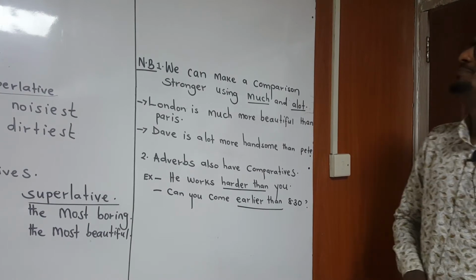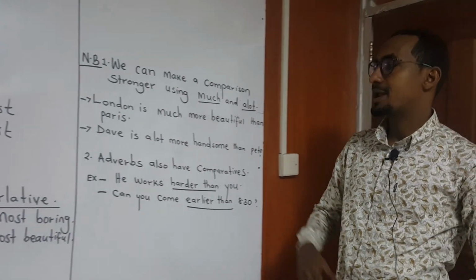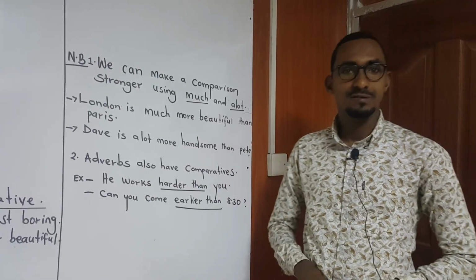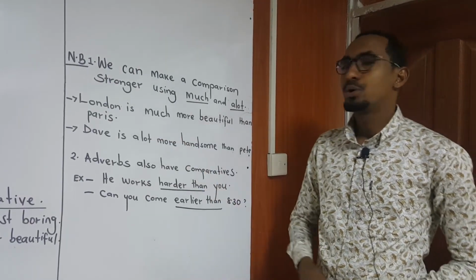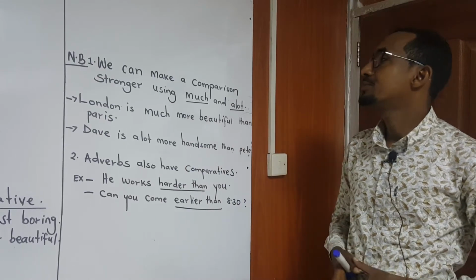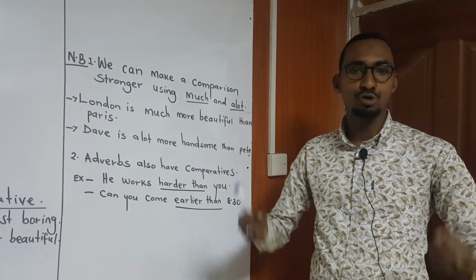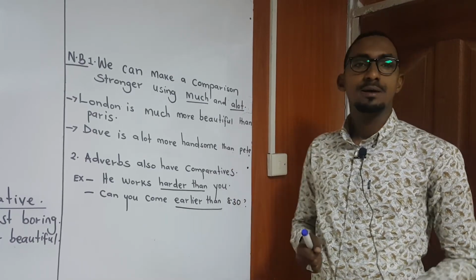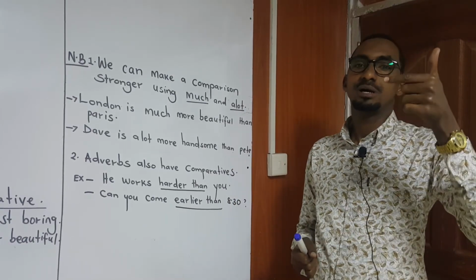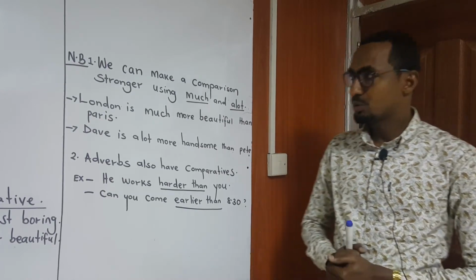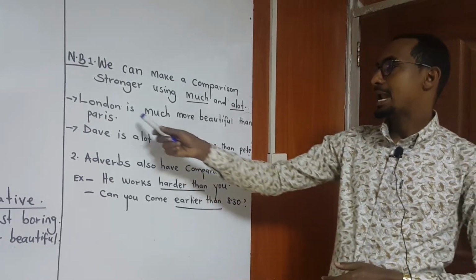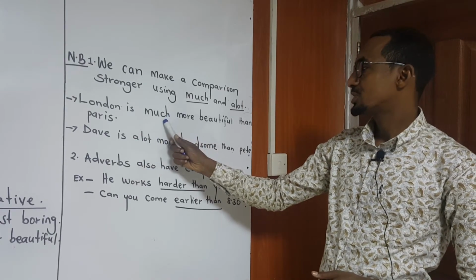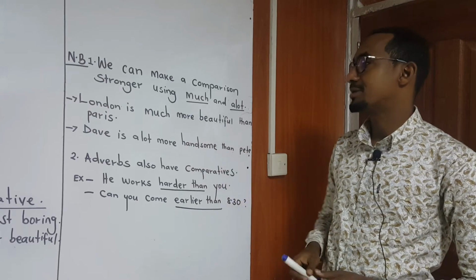Now, let us learn two important points. Number 1, we can make a comparison stronger, or we emphasize, using much and a lot. Let's look at these two examples. London is much more beautiful than Paris.